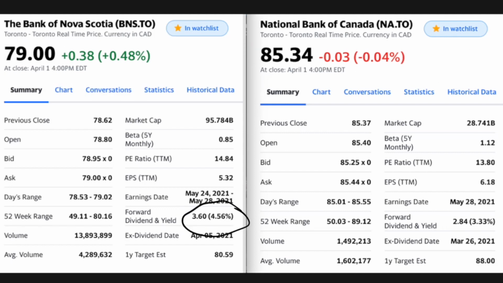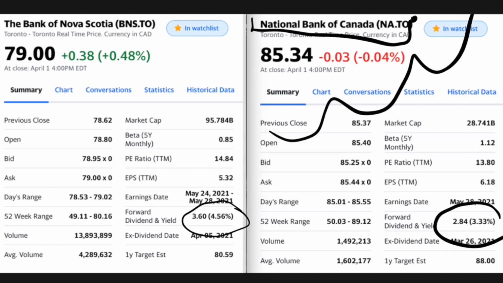Usually banks with a higher dividend are the ones, at least here in Canada, that were not favored recently versus the banks that were favored recently. And we can see that by the National Bank of Canada's actual chart, which I don't have for this video. However, we can see in their chart that they have risen quite a bit over the last few years, while the Bank of Nova Scotia has stagnated.